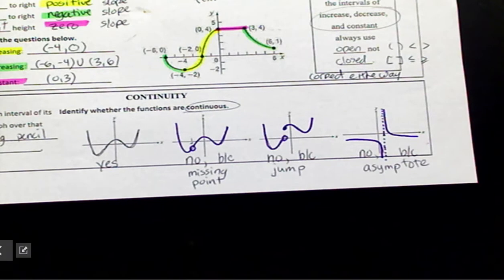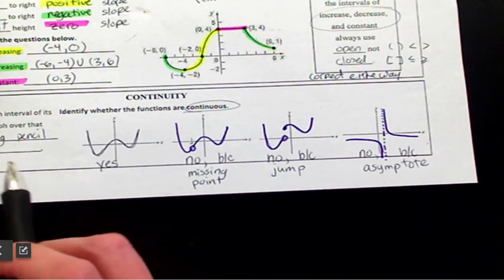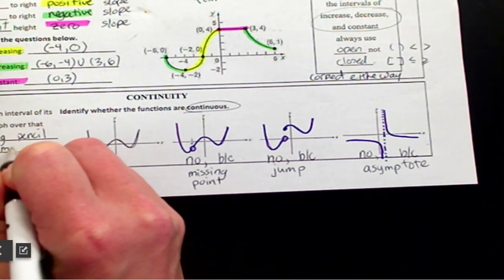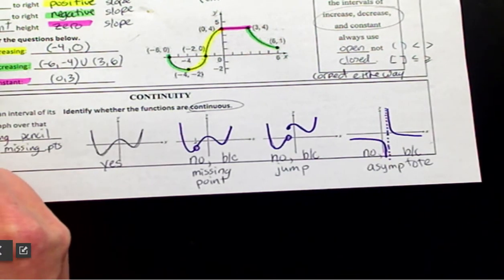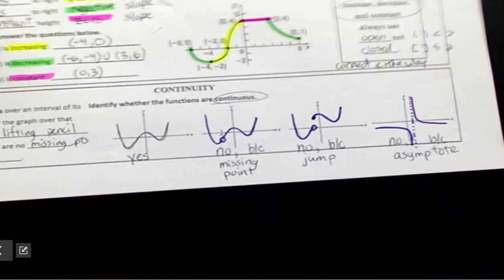Okay? So if I go back and look at the definition to the left, there are no missing points. There are no jumps or asymptotes.